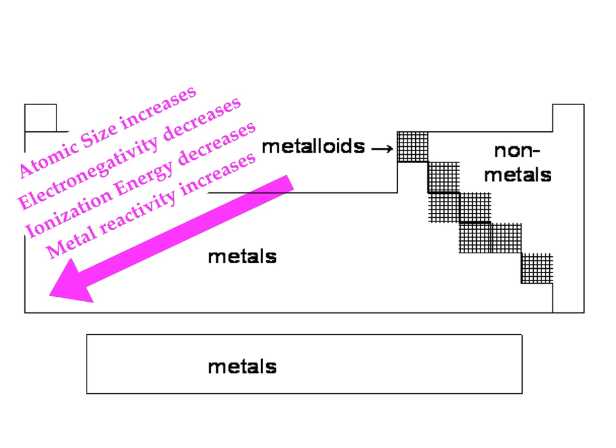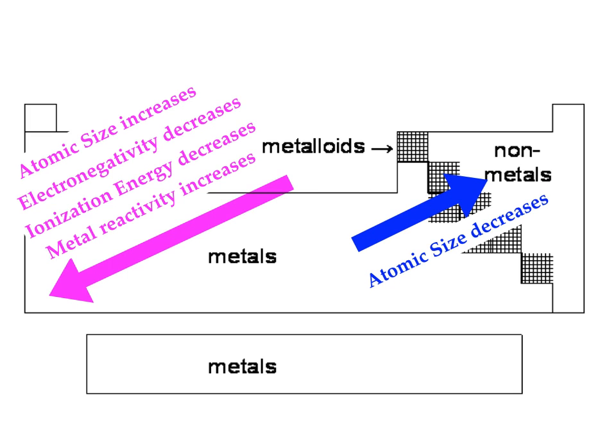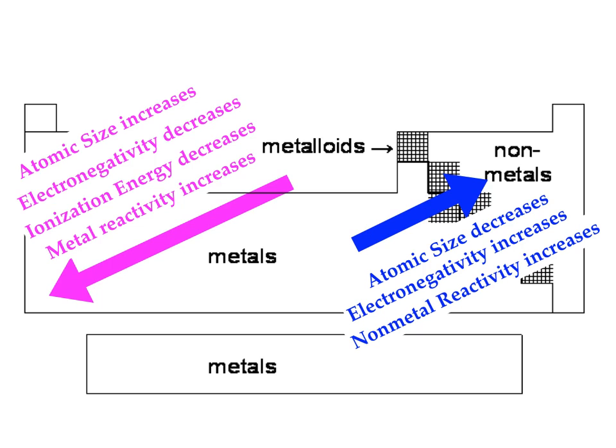As you go up and to the right, the atomic size decreases. So that means the electronegativity is going to increase, meaning that as you go up and to the right, those elements are more likely to want to pull on the electrons involved in a type of bond, which means those nonmetals become more reactive.